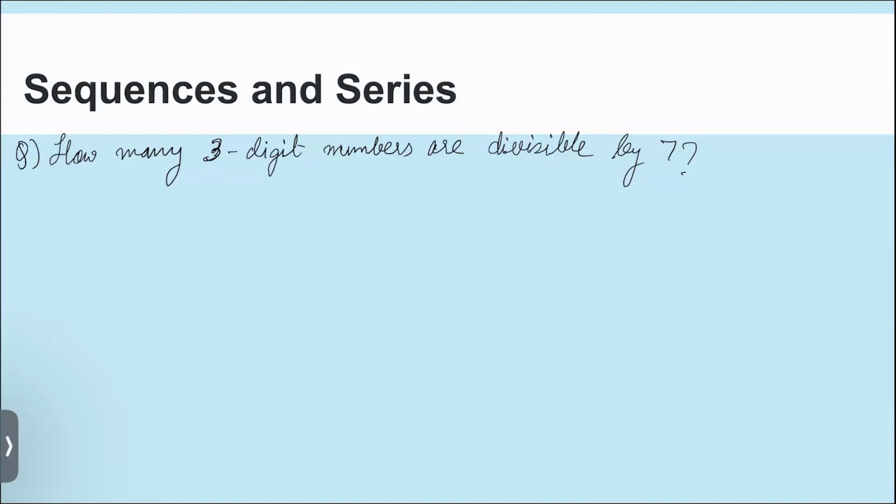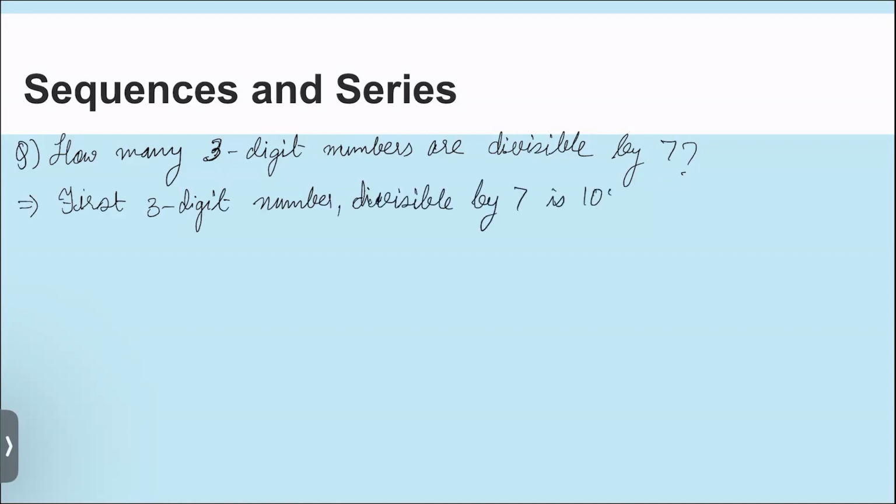Okay, so to find that, let's see the first. The first three-digit number divisible by 7 is 105. Okay, and the last three-digit number divisible by 7 is actually 994.